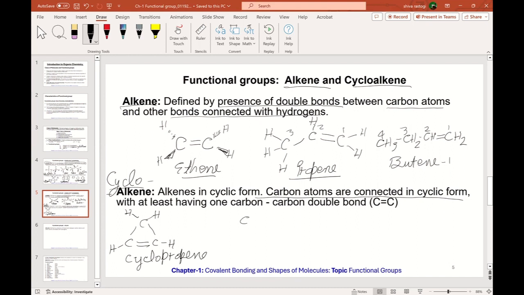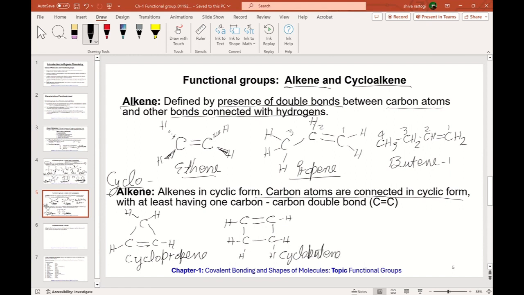And then similarly carbon, we can write double bond between any carbon, and 2 double bonds are also possible. So CH, CH, CH. So this is the cyclobutene.